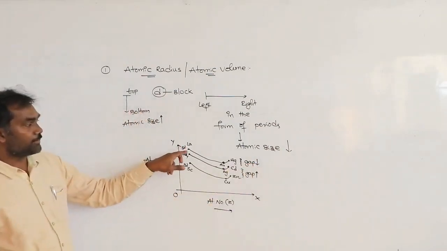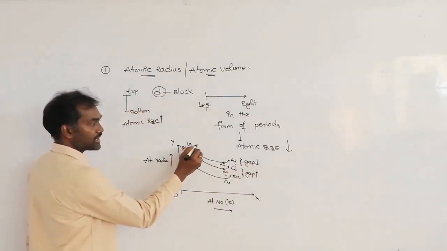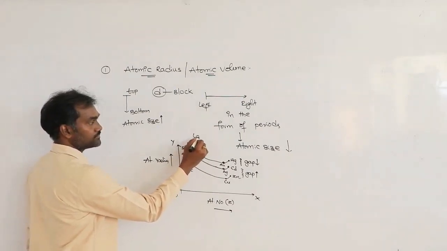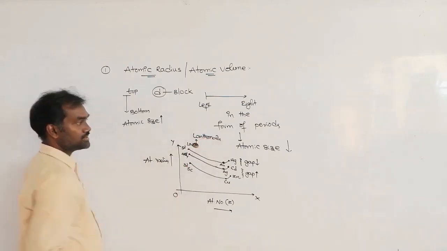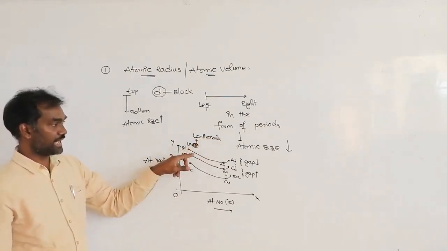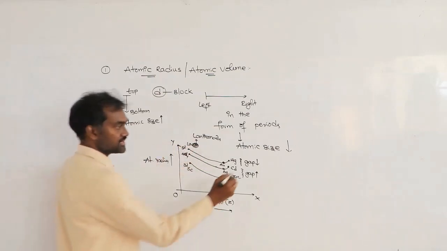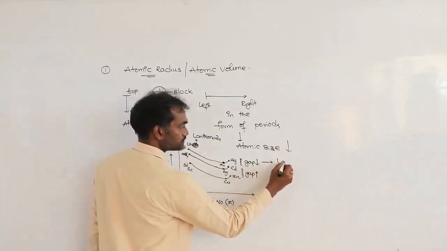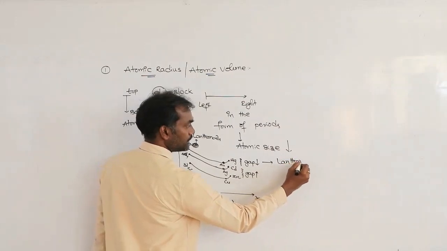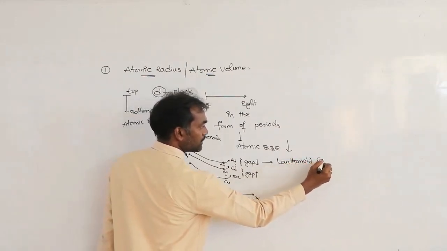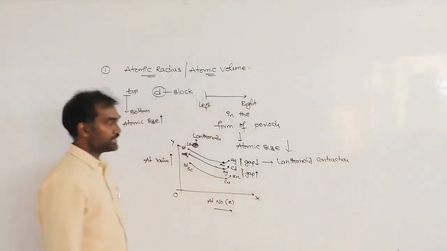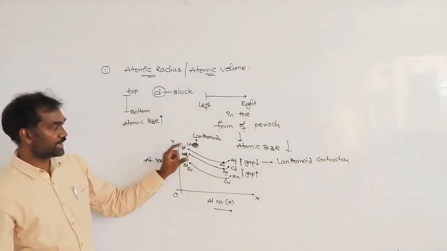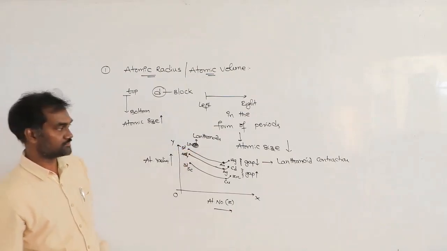So why is it happening? After lanthanum you have 14 lanthanoids coming. Because of the lanthanoids, lanthanoid contraction is observed. Because of lanthanoid contraction, 4d and 5d are very close.